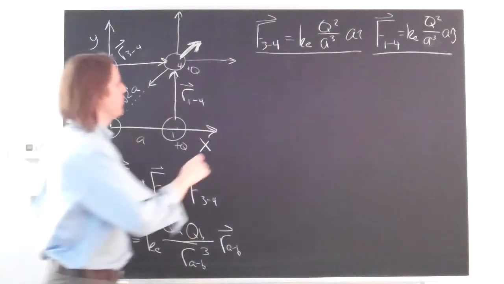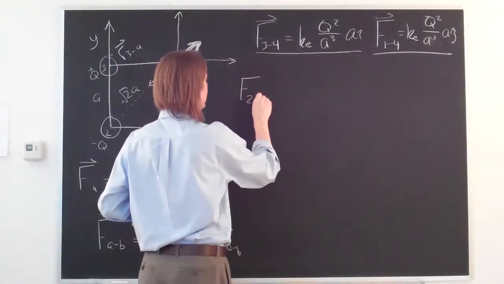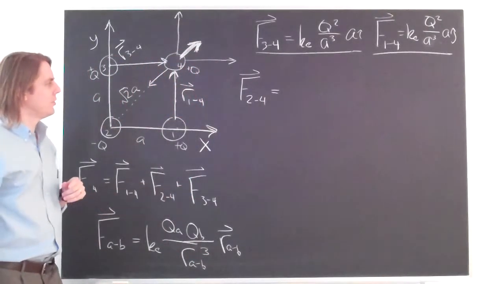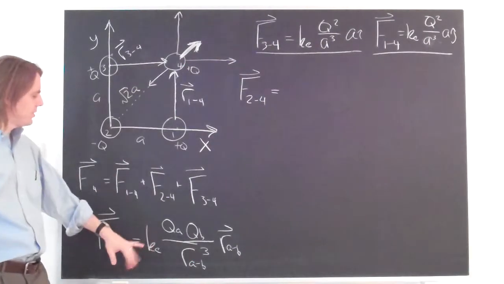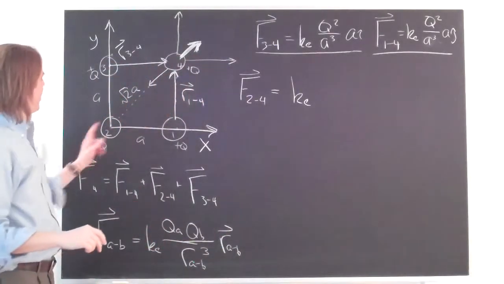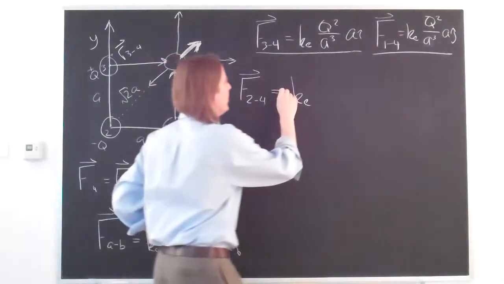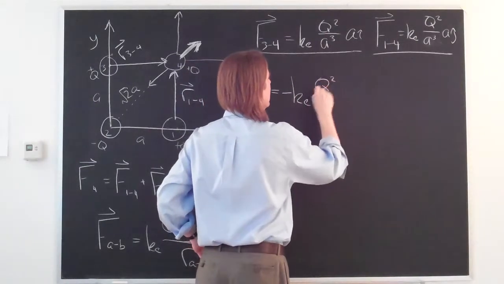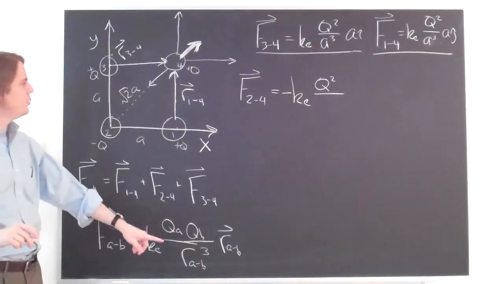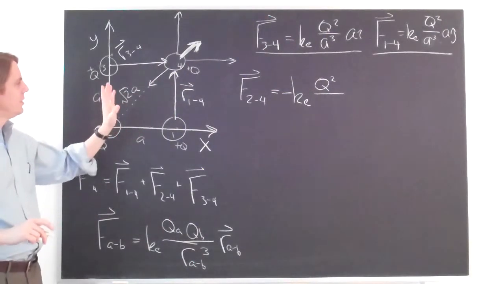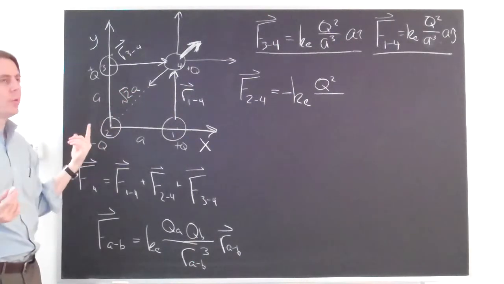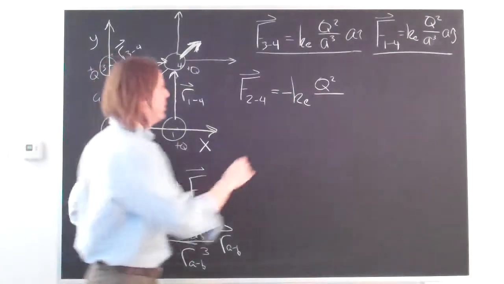But let's look at F2-4. That's the one where it really helps. Last time we had to think about trigonometry and sines and cosines of 45 degrees. Well, let's just apply this. Ke times Q times Q. This is the one where you have the negative Q times a positive Q, so I'm going to put the negative out here and Q squared out there. Then the separation cubed. Now the separation is not just A, it's the square root of 2 times A. So we cube that: A cubed, and the square root of 2 cubed is 2 times the square root of 2.